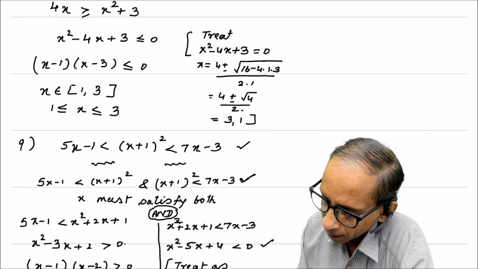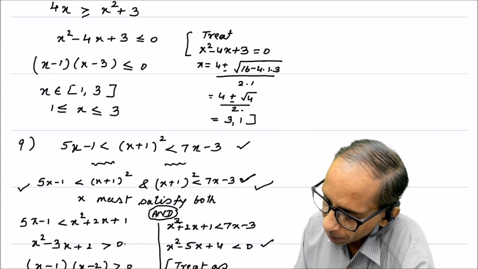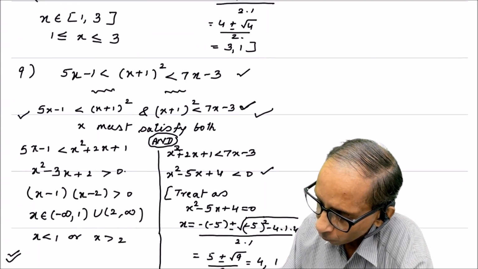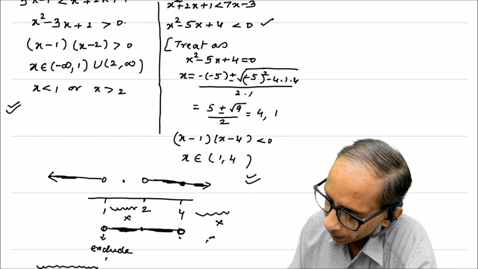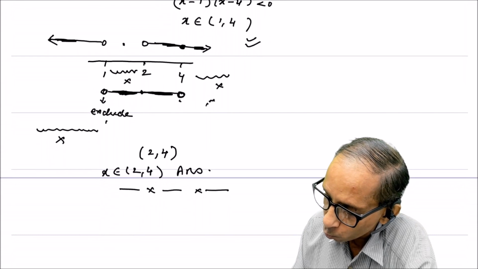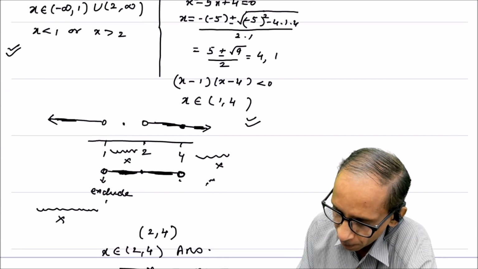Two of them, we separated them into two pieces and then solved each one of them and then found the intersection of the two solutions to wind up that x belongs to 2 to 4. So in this session we have done this much.